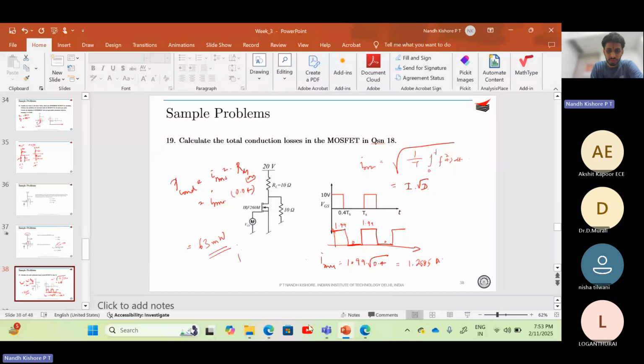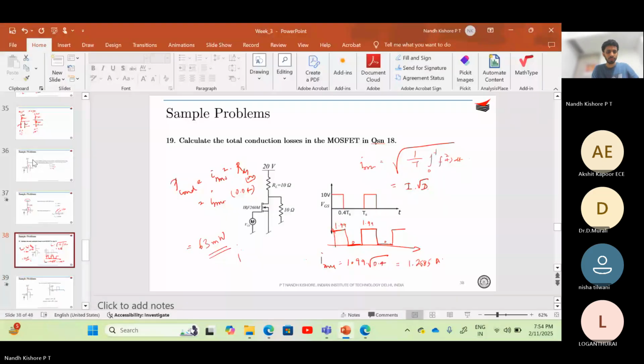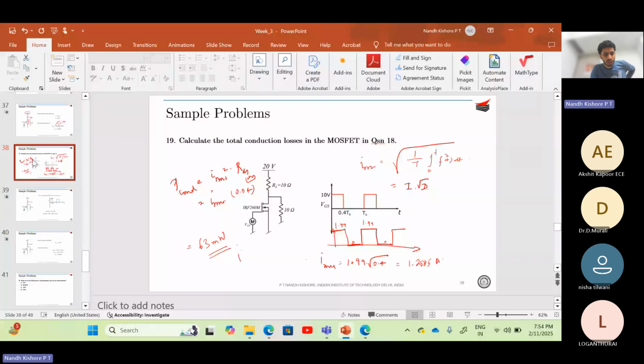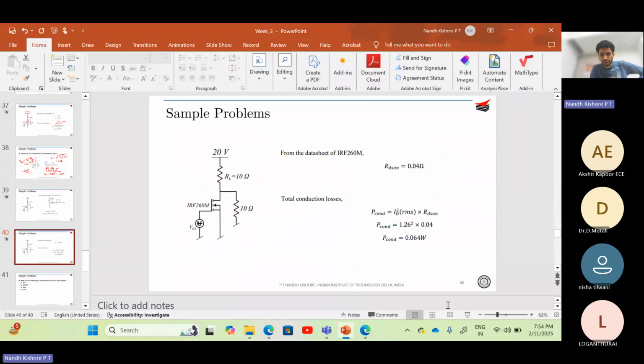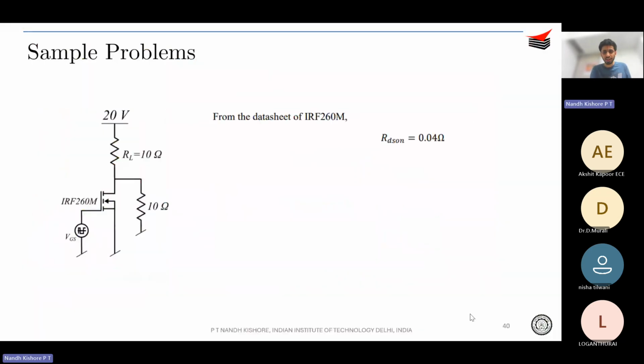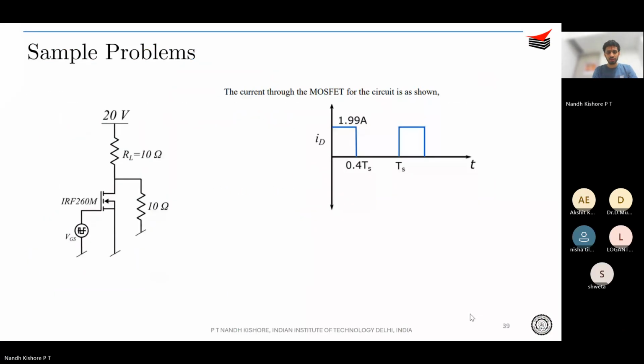Till this point, do you have any doubts? Okay, so we just saw this, and around 63 milliwatts, right? RDS on is given, so total conduction loss is simply I square RMS into R.